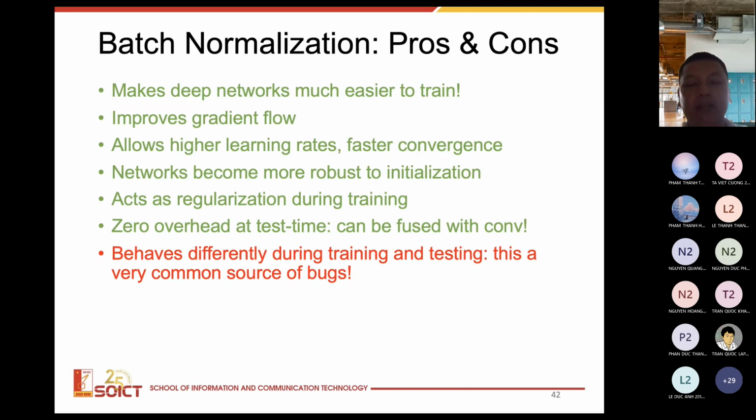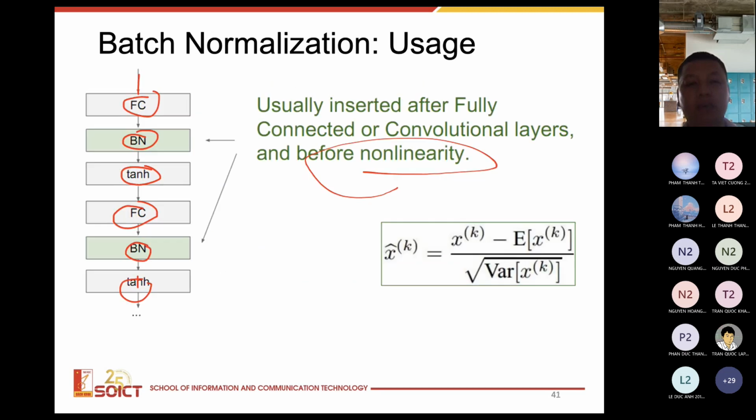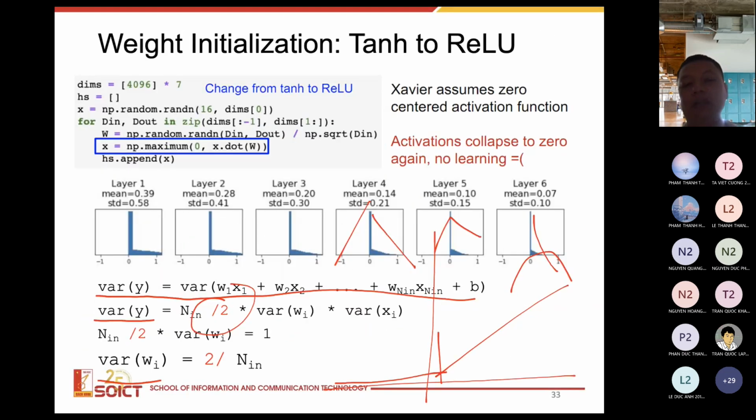The pros and cons of batch normalization are like this. The pro: it can make a deep network much easier to train, because you force the output at every layer to be normalized. It improves the gradient flow. Remember the problem we have with deep layers, like in this example.